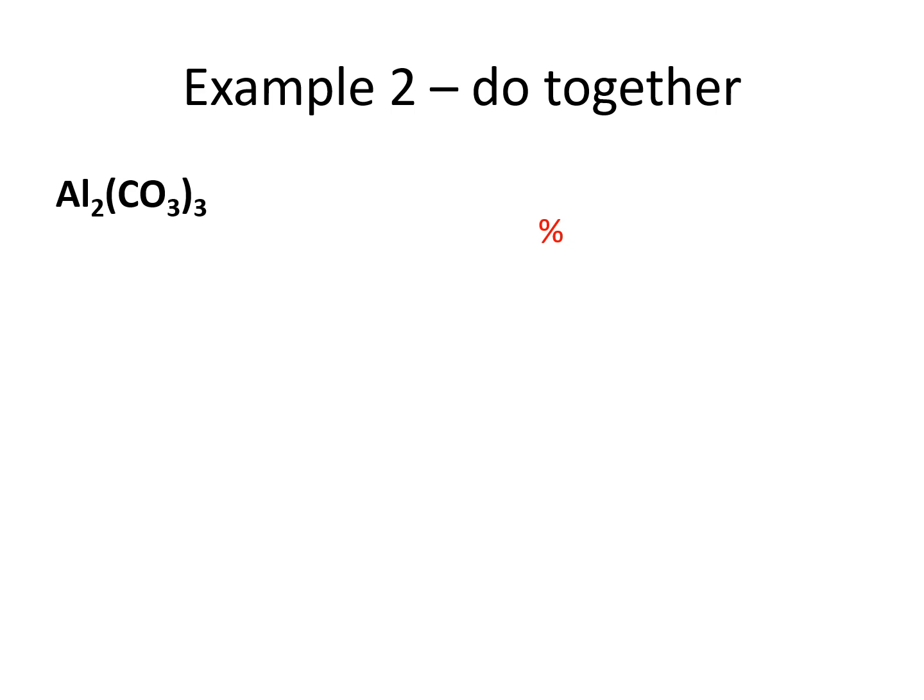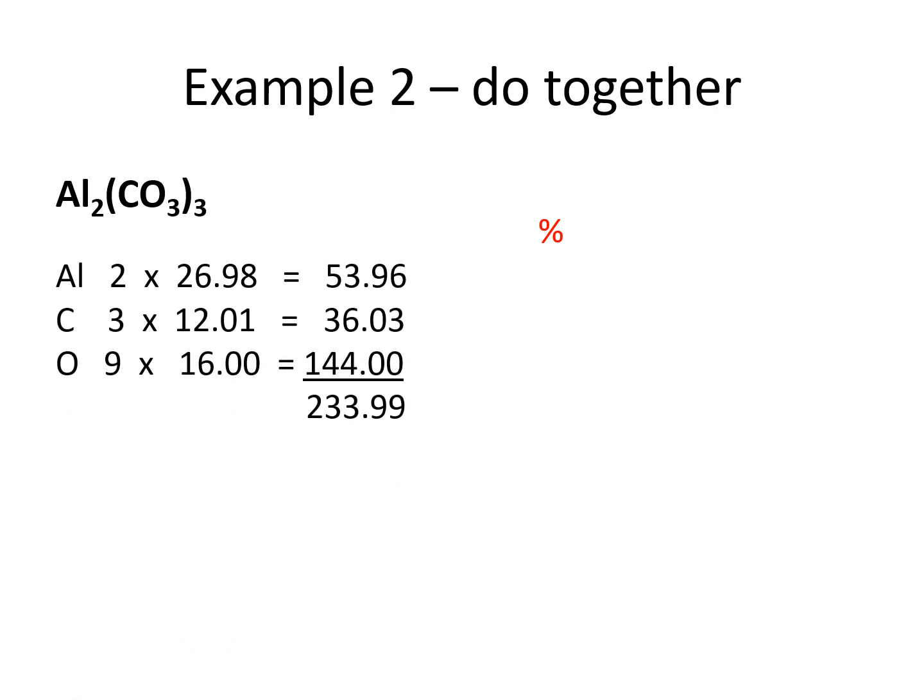Then take that number times the molar mass from the periodic table. That's your total for your element. And then add it all up. It should look something like that.